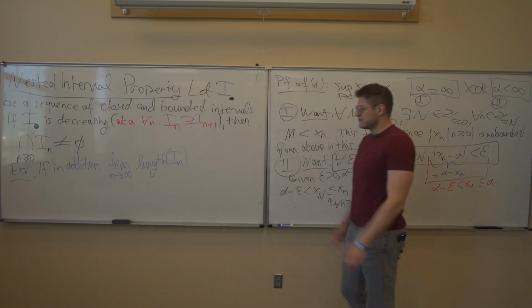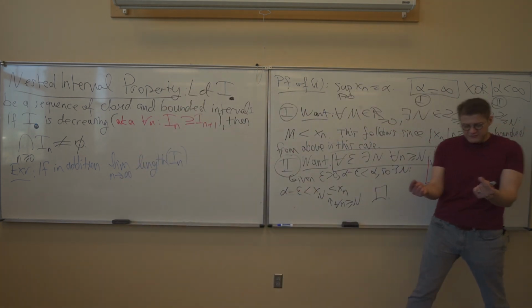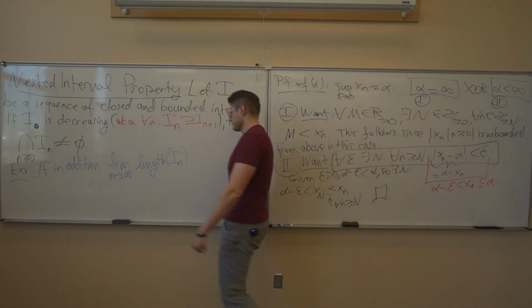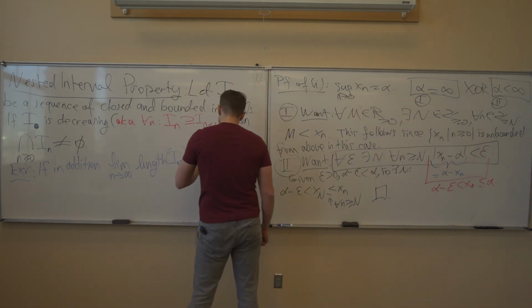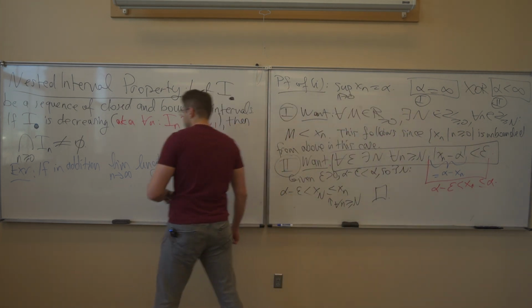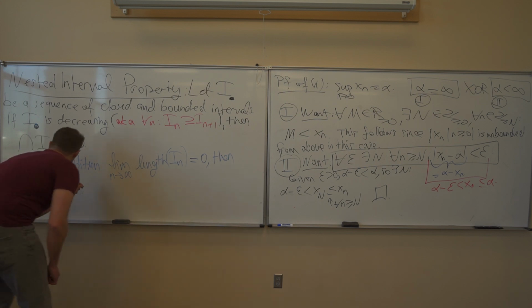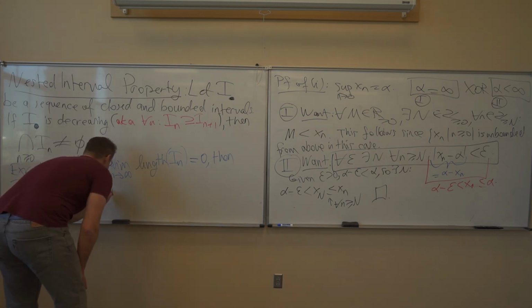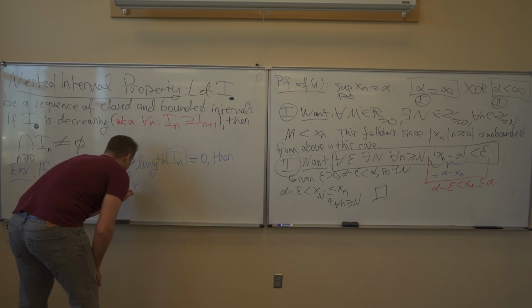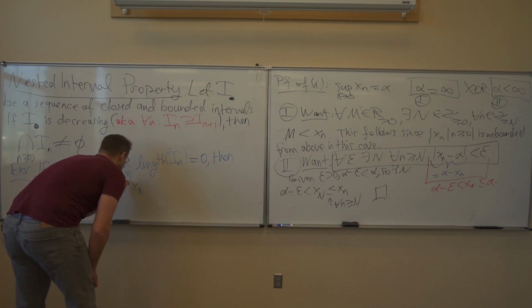So I look at the length, which means the difference between the endpoints. And if this goes to 0, then there's a unique point in this intersection. There's a unique, let's say, x star, real number, such that the intersection equals x star.